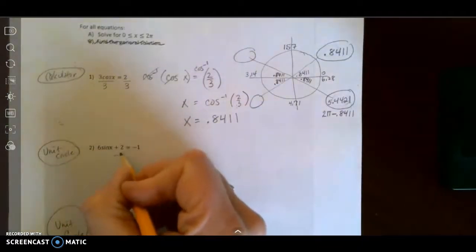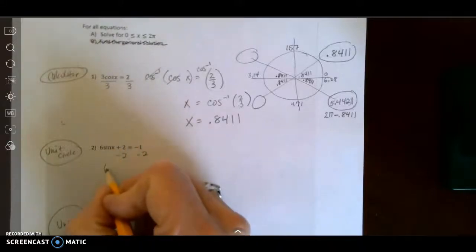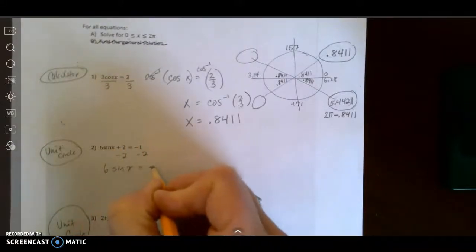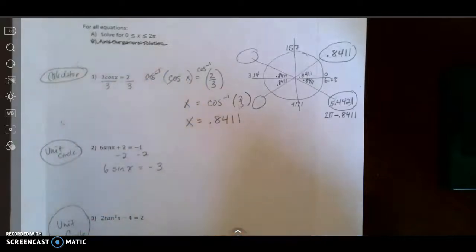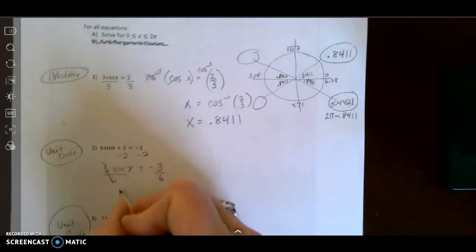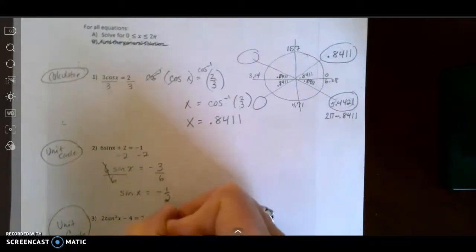All right, let's go to number 2. I'm going to subtract 2, and I get that 6 times the sine of x equals negative 3. I'm going to divide both sides by 6. And I get that the sine of x equals negative 1/2.